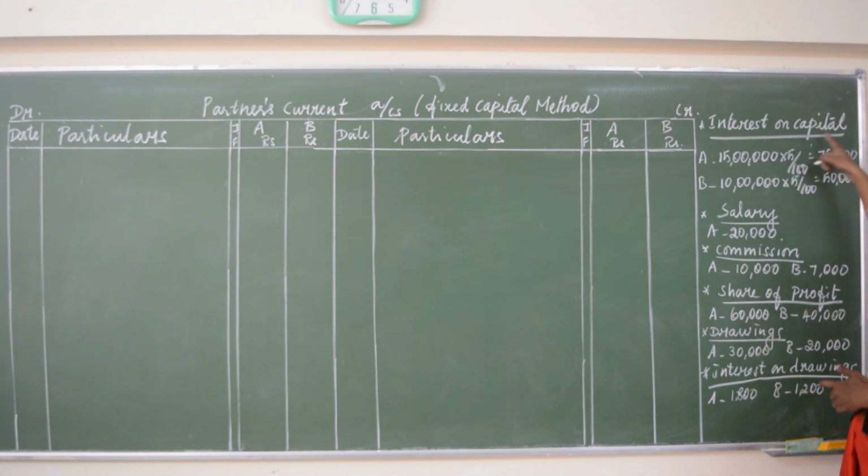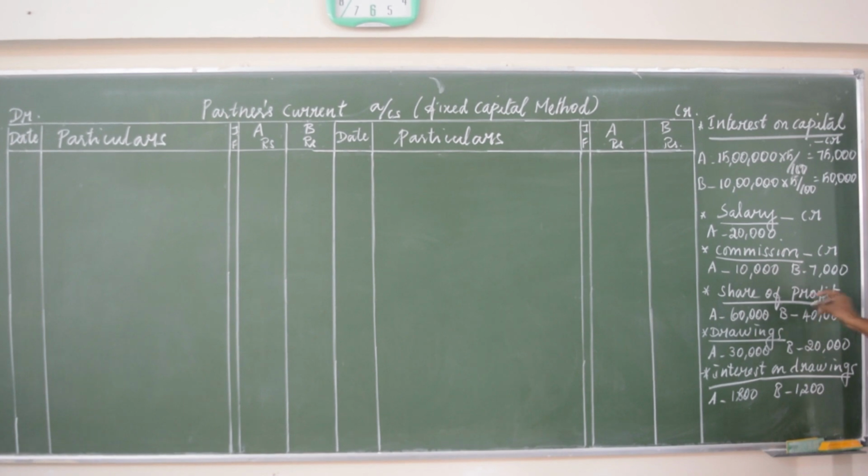Now this interest on capital, where do we enter? We enter it in credit side of partner's current account because it is an income to the partners. Salary, where do we enter? We do enter this in credit side of partner's current account because it is also an income to the partners. So commission, also we write it in credit side.